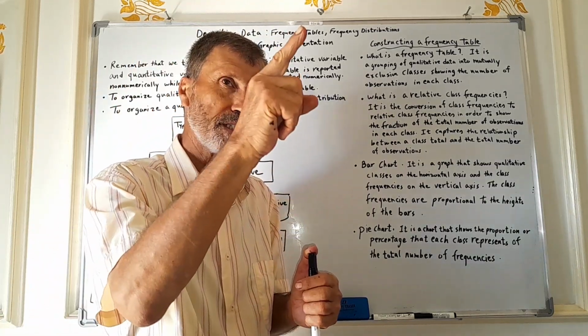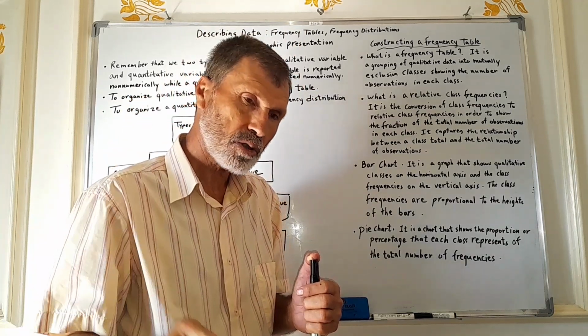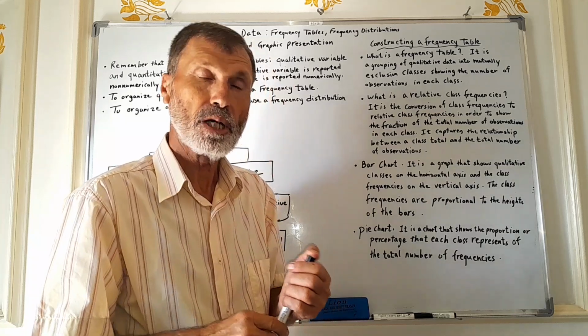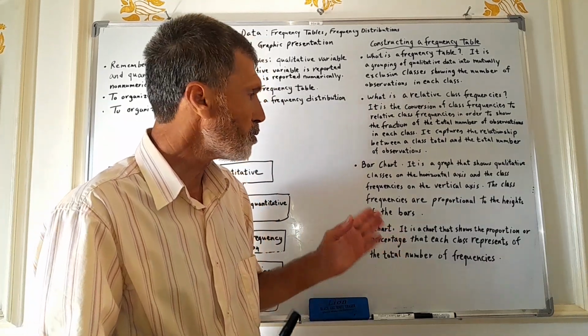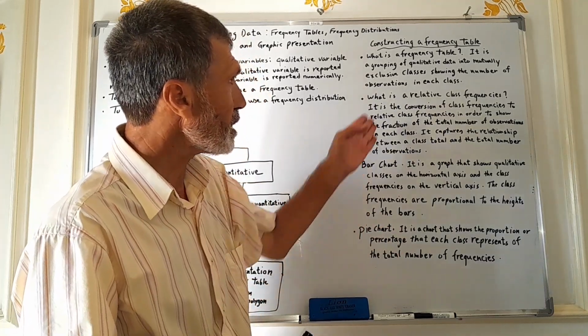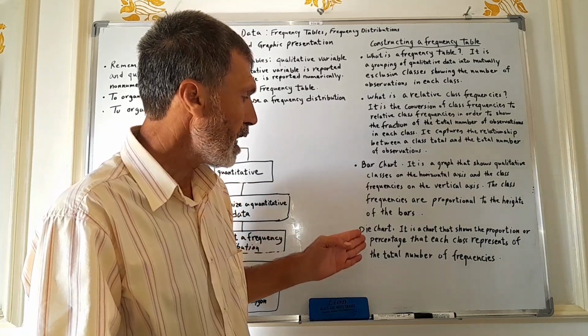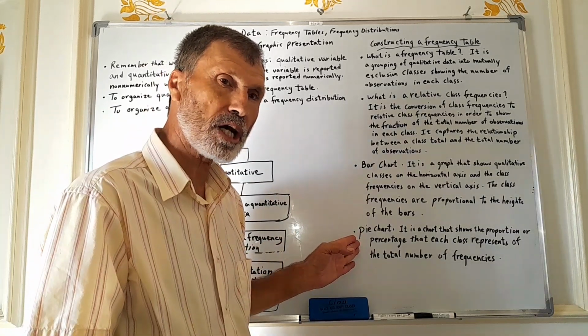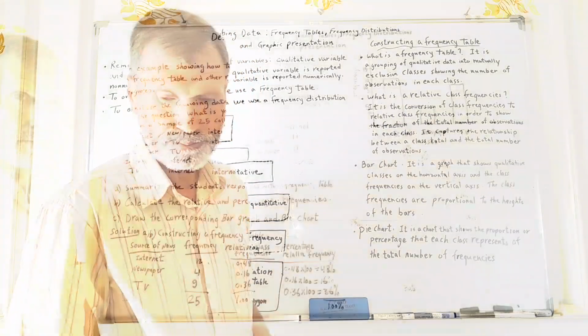Start with 0%, 5%, 10%, 15%, and so on. This is the first step. We're going to show that when we give an example in a second, how to construct a frequency table and how to draw a bar chart concerning the qualitative data.